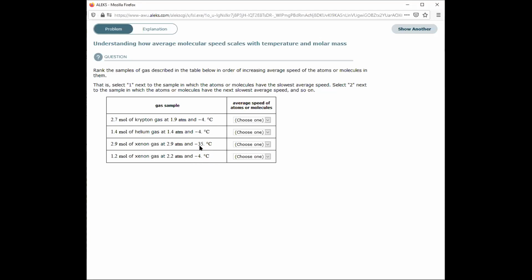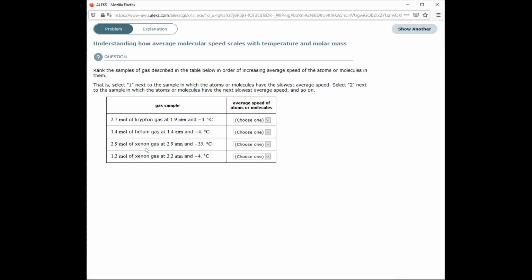So that one's either going to be the fastest or the slowest. Which is it? Slowest. The slowest one, absolutely. And so because I'm a teacher, I can't select this, but absolutely, that third row is going to be the slowest gas, right?